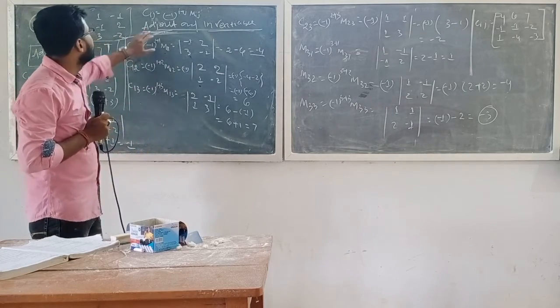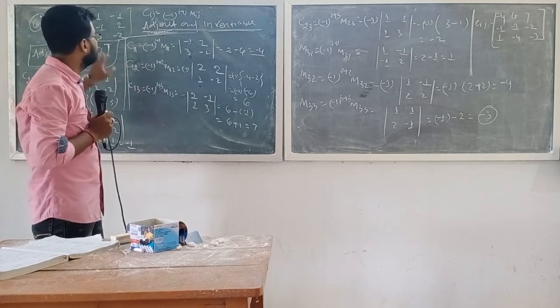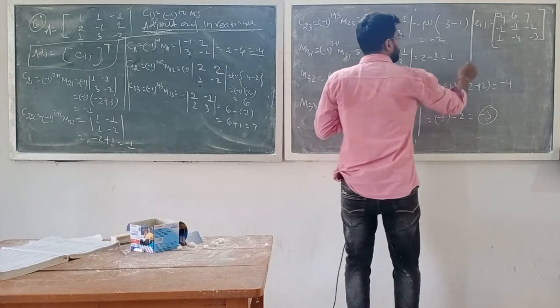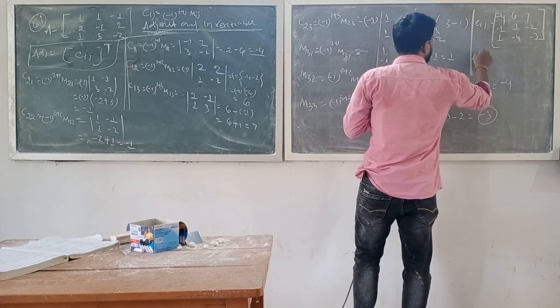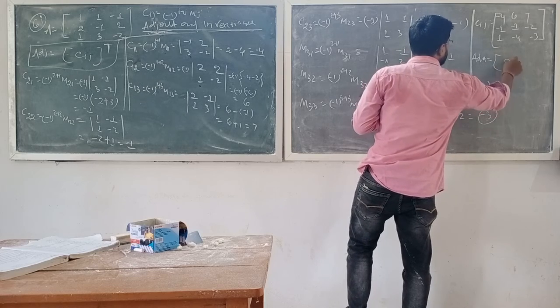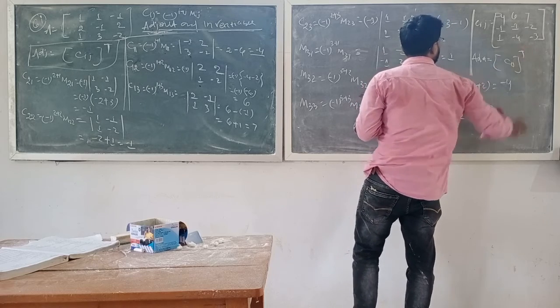Now the adjoint of a matrix. The adjoint of matrix A is the transpose of Cij.